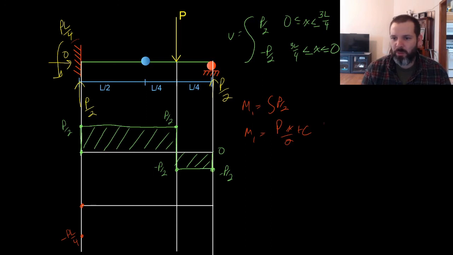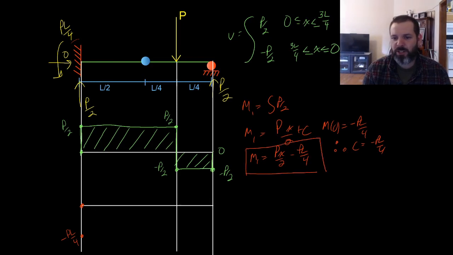We know the moment at 0 equals minus PL over 4, so that C is going to equal minus PL over 4. And our first moment equation is going to be Px over 2 minus PL over 4. If we use this equation and plug in 0, we get our minus PL over 4.